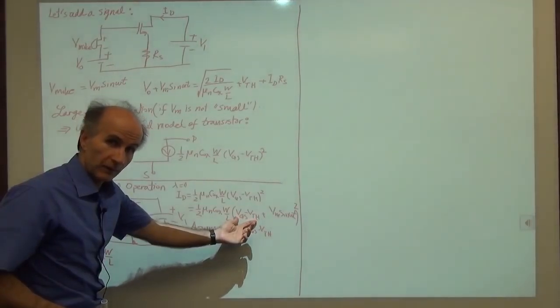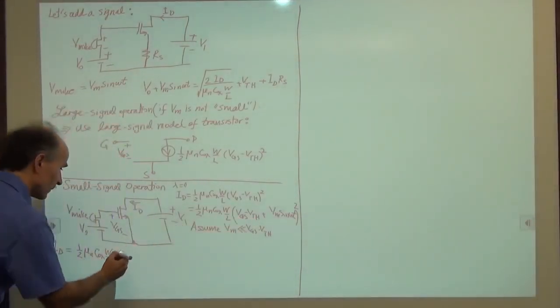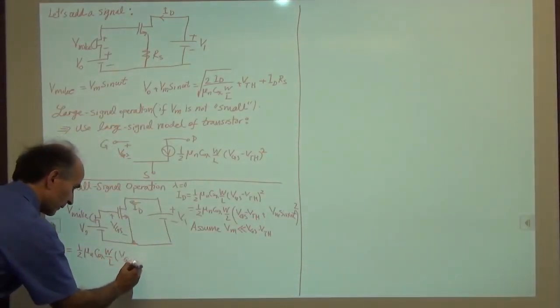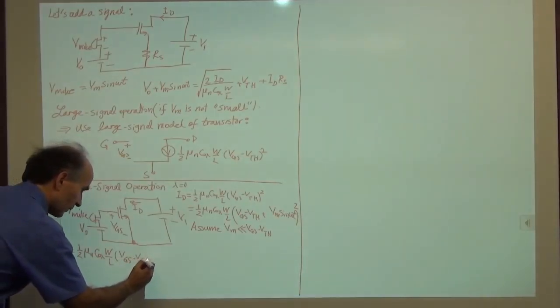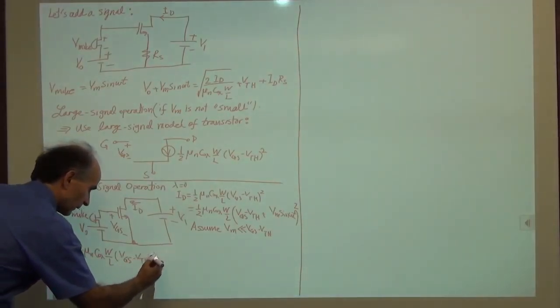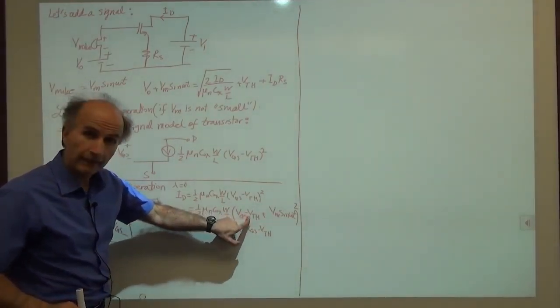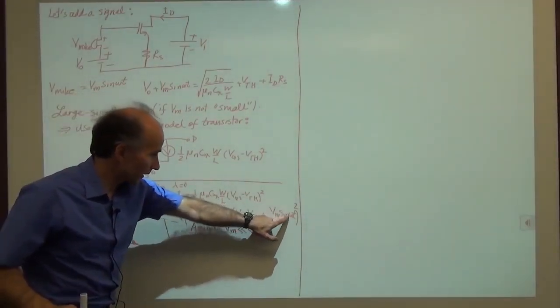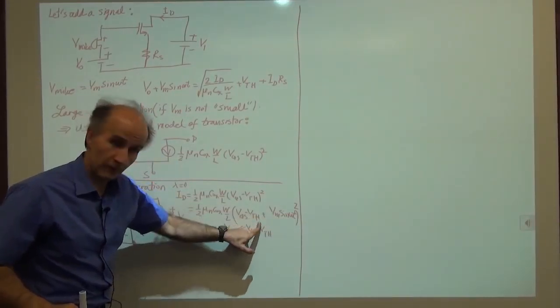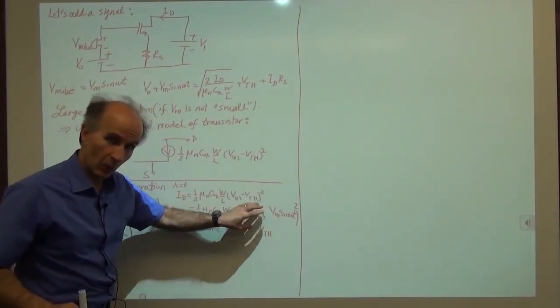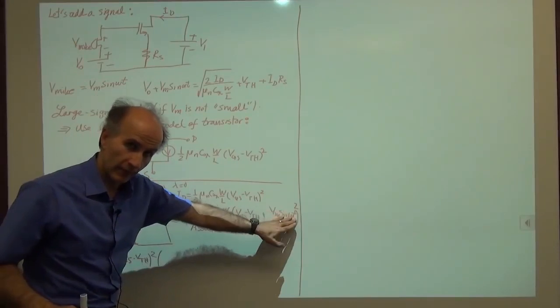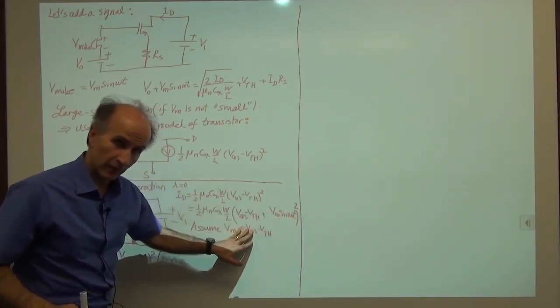So what I get is (VGS minus VTH) squared. And then what remains inside here is (1 plus Vm sine of omega t divided by VGS minus VTH), squared.